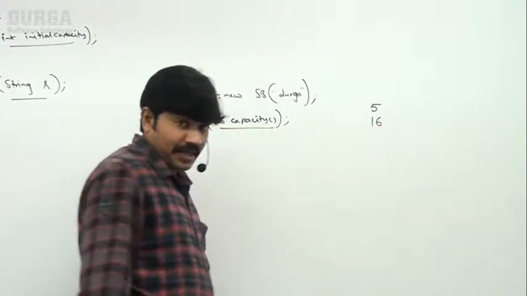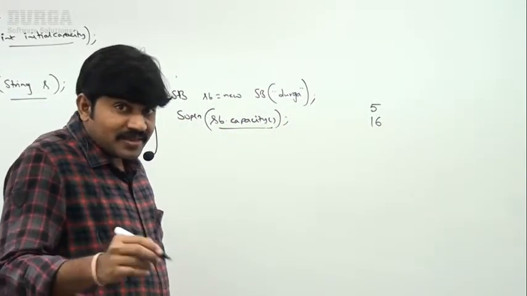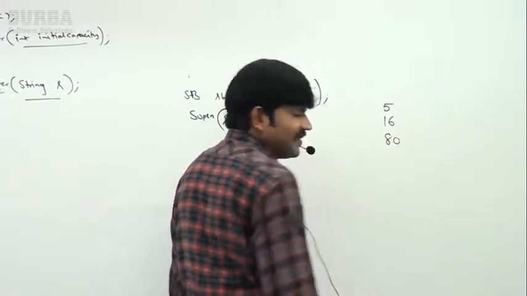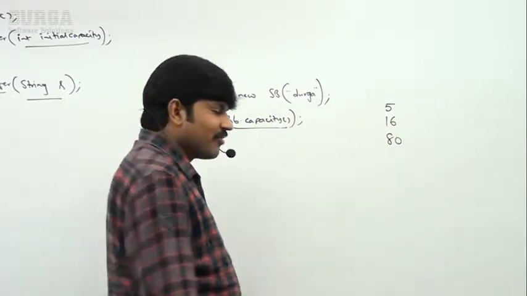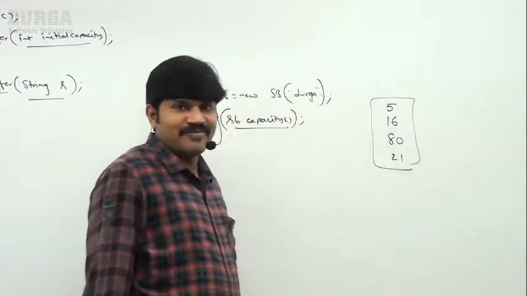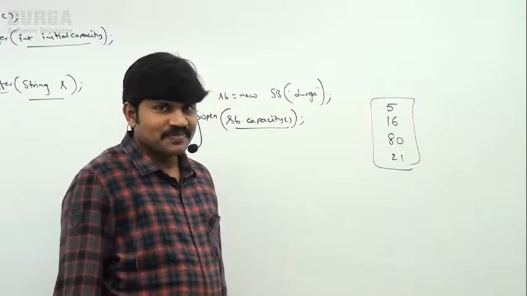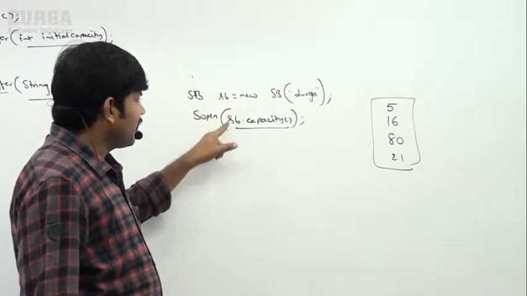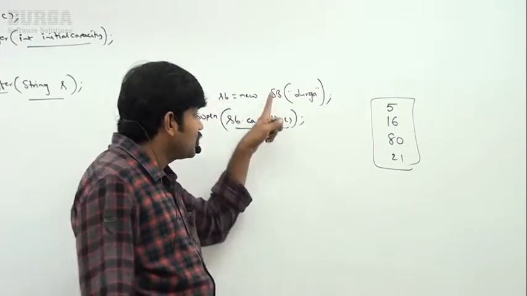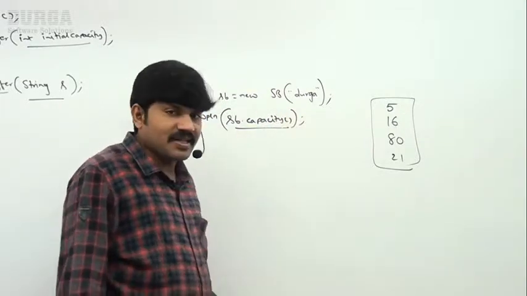Or 16 is the capacity. Or 16 into 5, 80 is the capacity. Or 16 plus 5, 21 is the capacity. Can you please confirm what the answer we are going to get? Default initial capacity is 16. Now, is that 16 story applicable in this constructor or not?